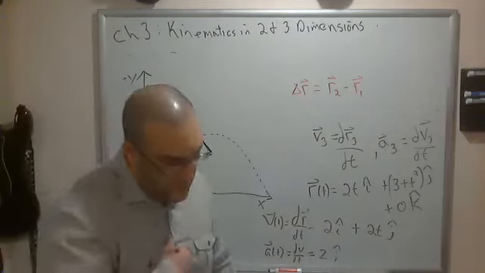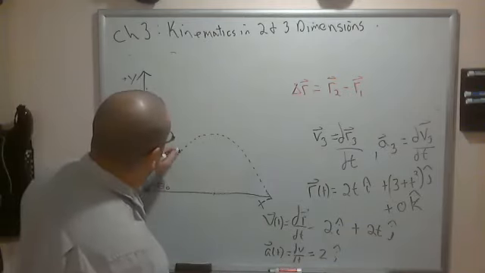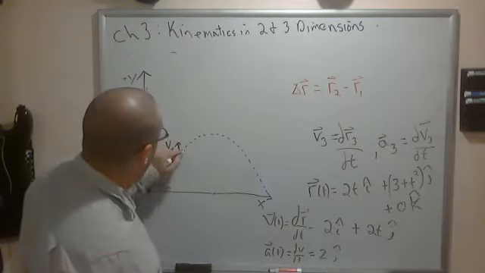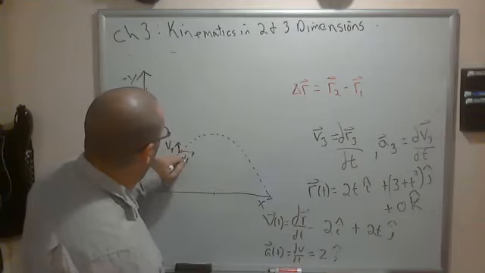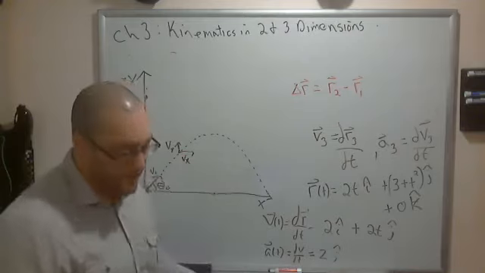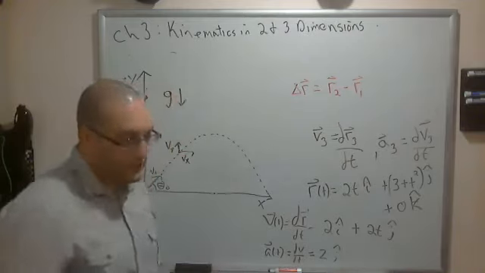Now, if we throw the ball up, as we go near the top, the velocity in the y direction will slow down because it's decelerating. The acceleration g is downwards in this case.